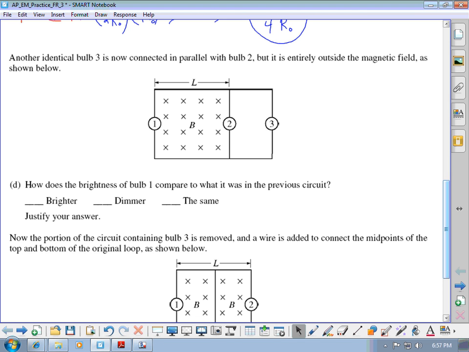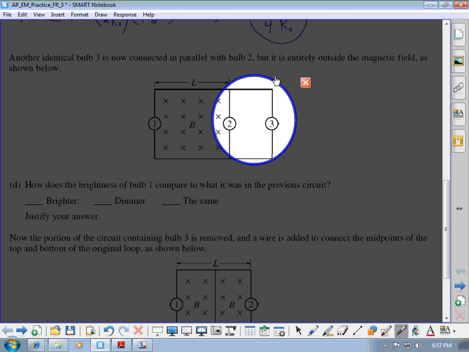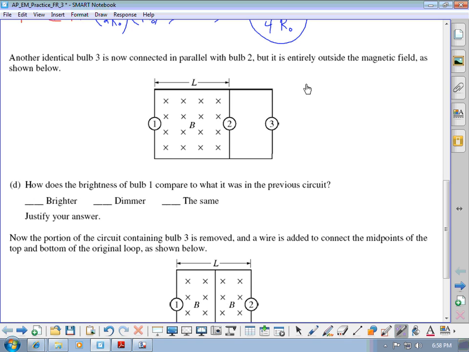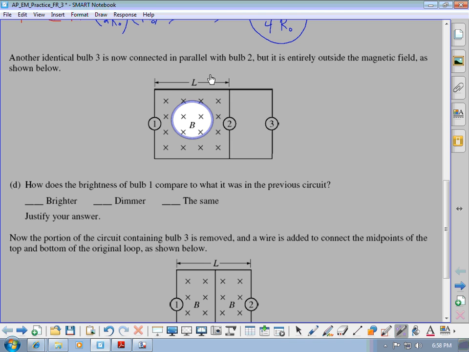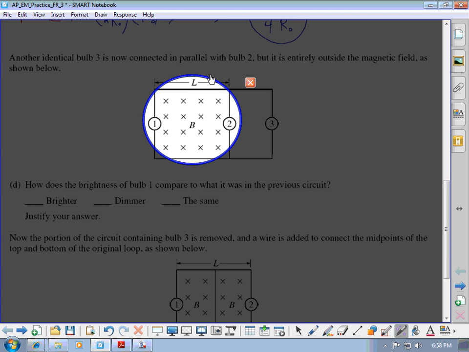So another identical bulb, bulb 3, is now connected in parallel with bulb 2, but is entirely outside the magnetic field as shown below. One thing that's important is there's no flux through this part right here. Our only flux is still through that part that we were looking at before.